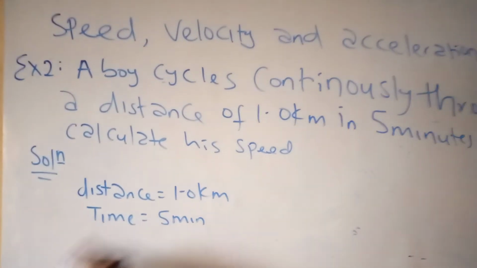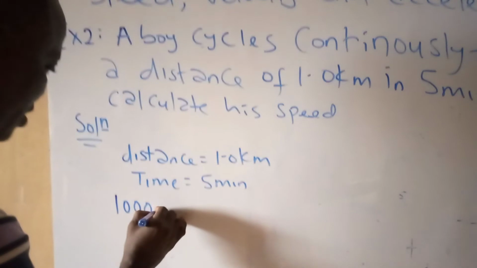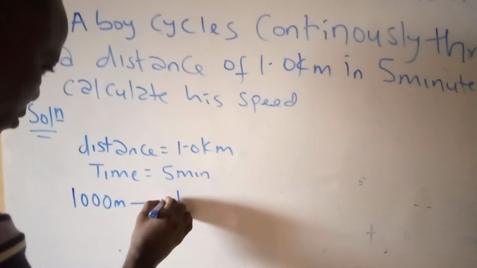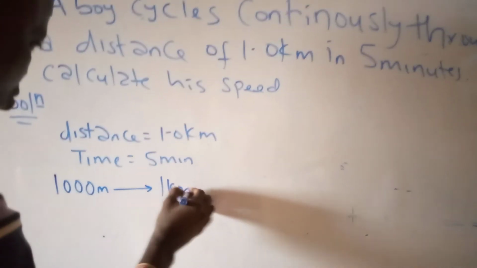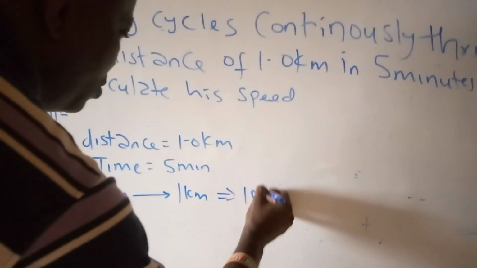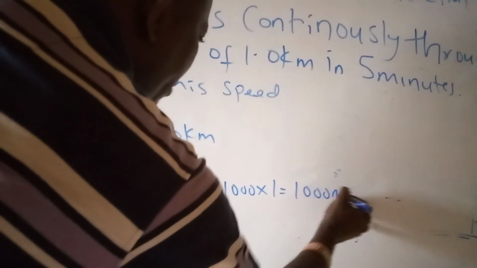So the first thing we do is take this one to meters. I told you earlier that 1,000 meters is equivalent to 1 kilometer. So this means 1,000 times 1, which gives 1,000 meters.